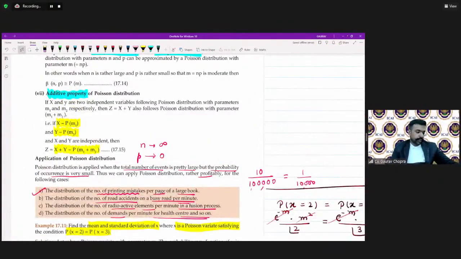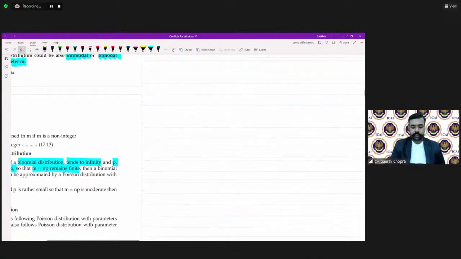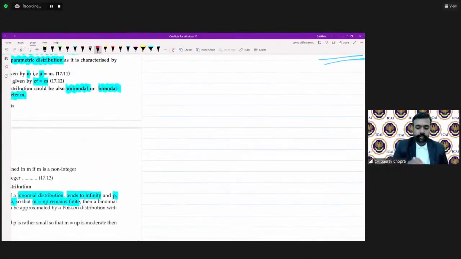Some of the students are having difficulty in calculation of e, so I am sharing it with you once again. We know that the value of e is simply 2.7183. If we have to calculate e to the power of minus 1, this means 1 divided by 2.7183.